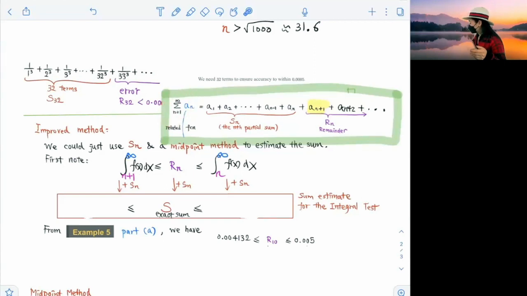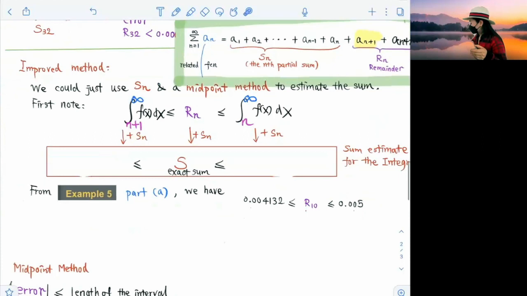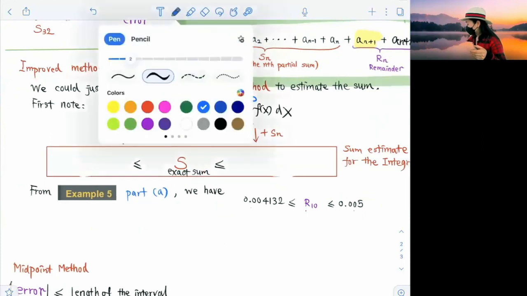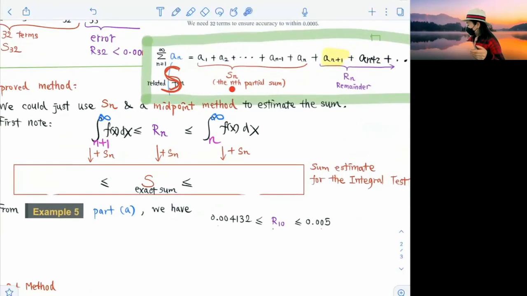You sum the first n terms, and here's the remainder. If you add the remainder to the sum of the first n terms, you get the whole thing, right? So Sn plus Rn is equal to the exact sum. Let's call the exact sum S. So the exact sum S is equal to Sn plus Rn.